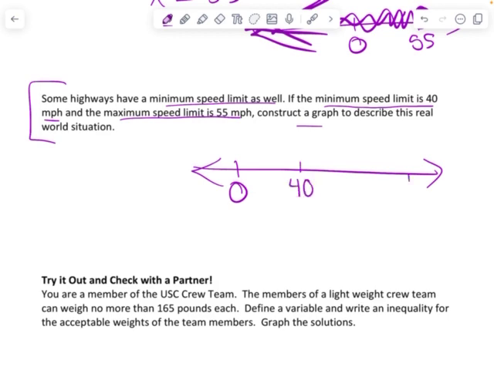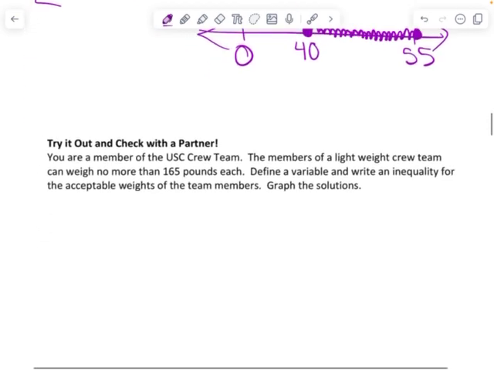So I first off have 0 way down here, and I have a minimum of 40 miles an hour and a maximum of 55, which means I cannot go any lower than 40, but I cannot go any higher than 55, but I can go any of these speeds in between. There's the graph that represents this real life situation.